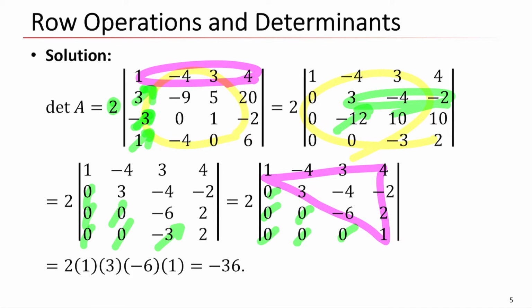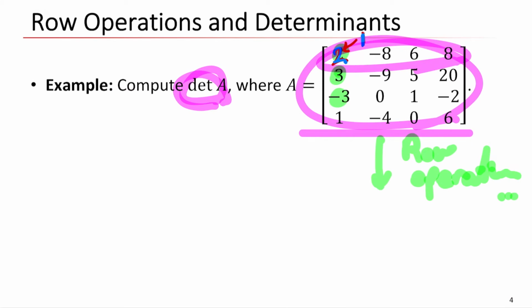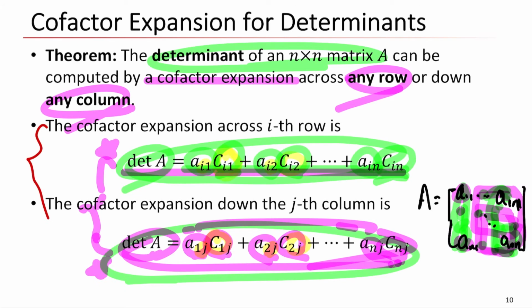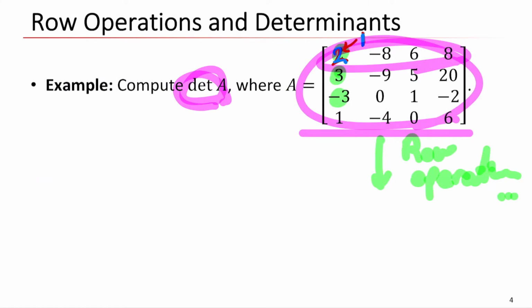Then we can easily find the determinant. What is that? 2 times 1 times 3 times negative 6 times 1. Okay, so it will be negative 36, right? So if we don't know this theorem, we have to find the determinant of this complicated matrix by just using the cofactor expansion, which will be really time consuming.